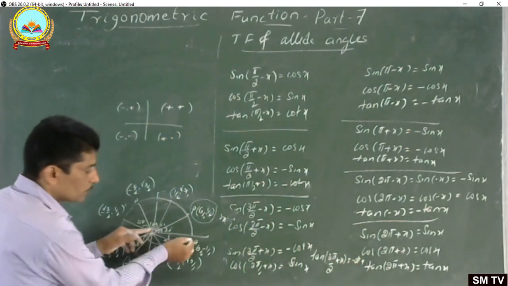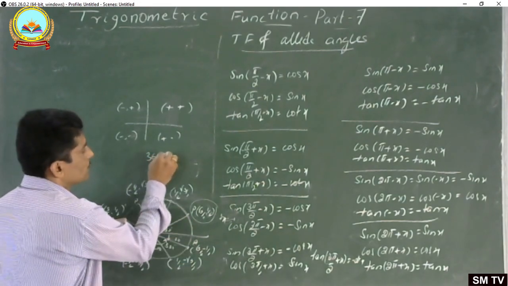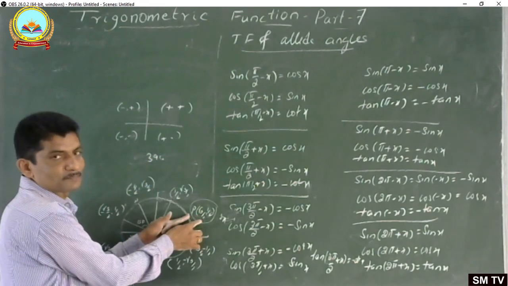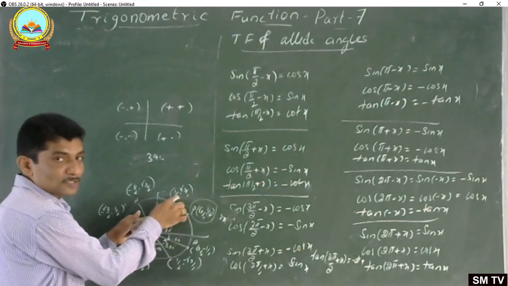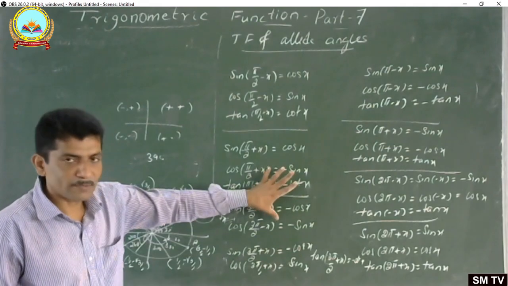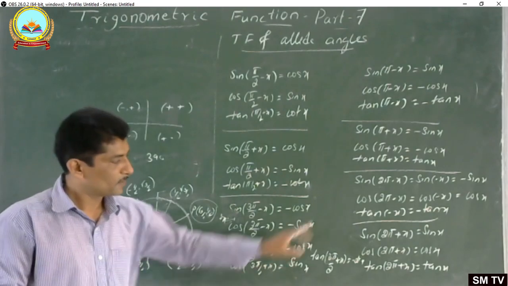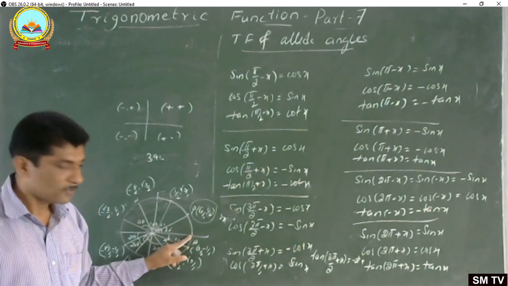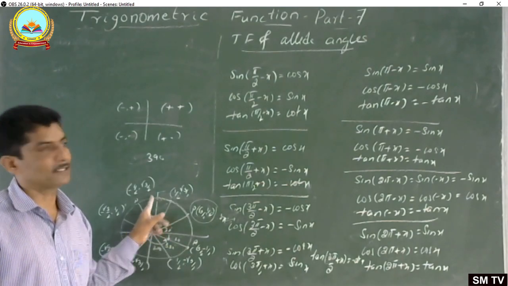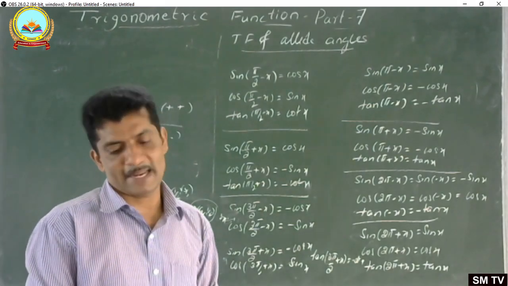Suppose 2 pi plus x, 360 plus 30 degree, 390 degree, you come back to the same position. Adding 30, you come back to the same position. You only need to remember the allied angles and the trigonometric ratios of standard angles from 0 to 90. Using the allied angles, you find the trigonometric ratios of all angles.